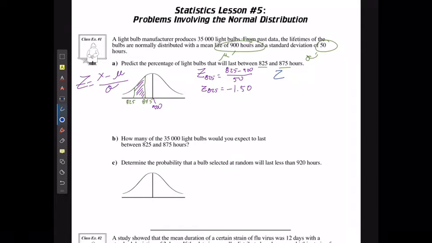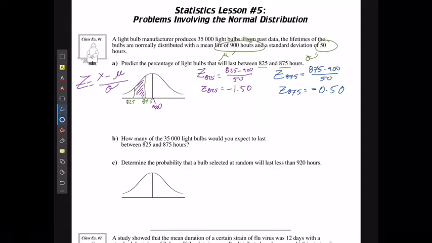For 875, I'm going to say that I have 875 minus 900 divided by 50. The z-score at 875 is going to equal negative 0.5, or negative 0.50, because my table goes to the hundredth.